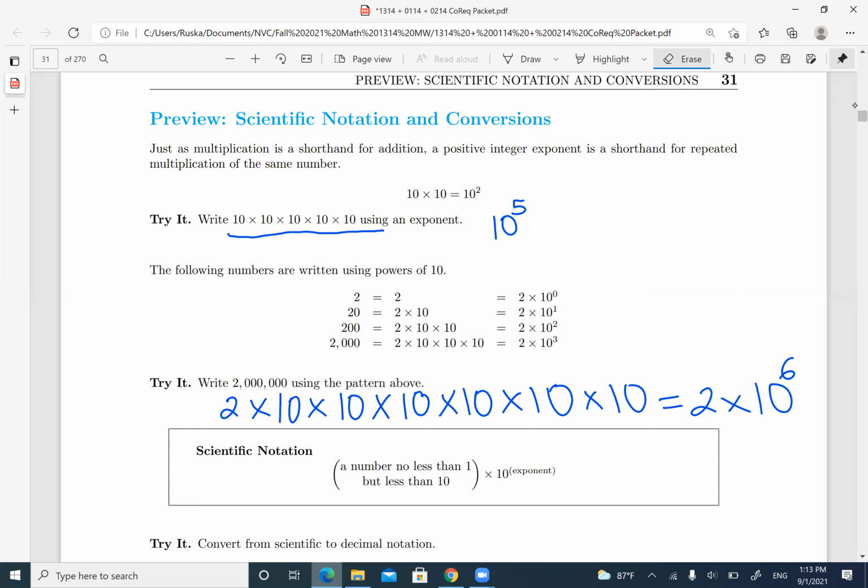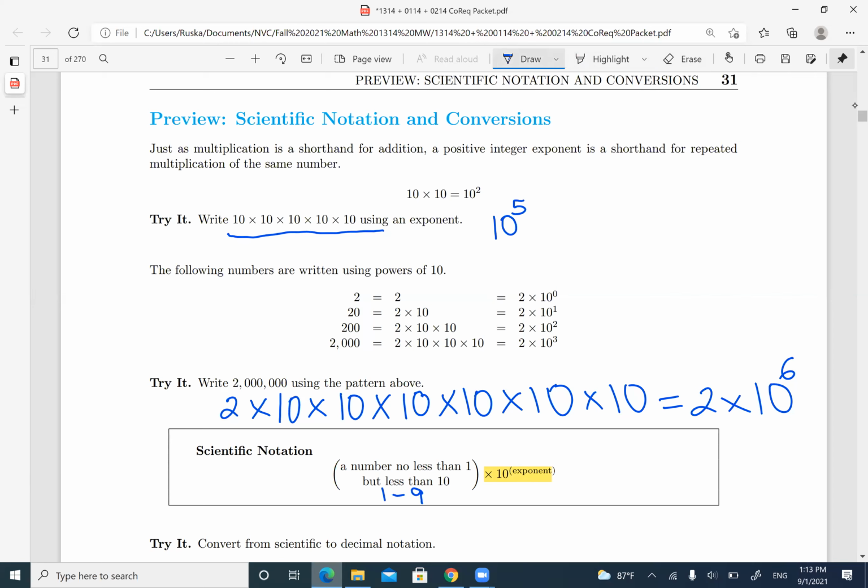Here, less than 10 means 9. So the number in front has to be less than 10, and then you do times 10 with an exponent. So the number in front here has to be from 1 to 9.